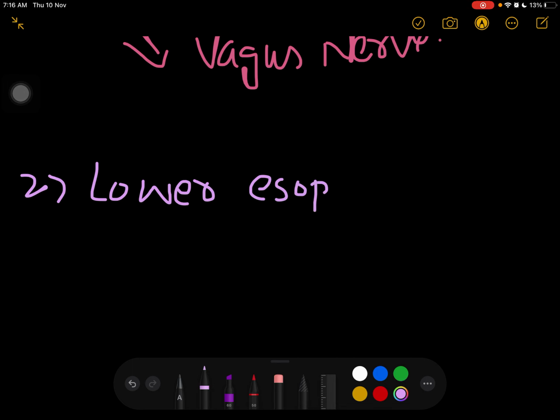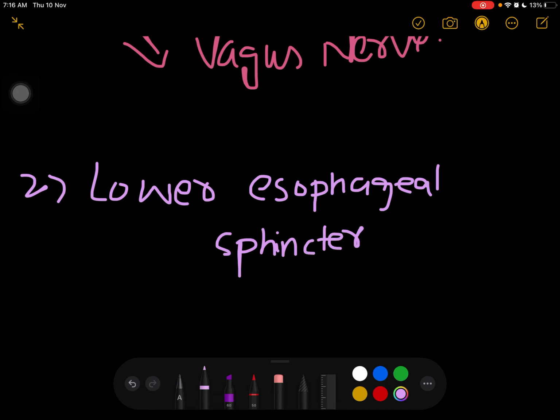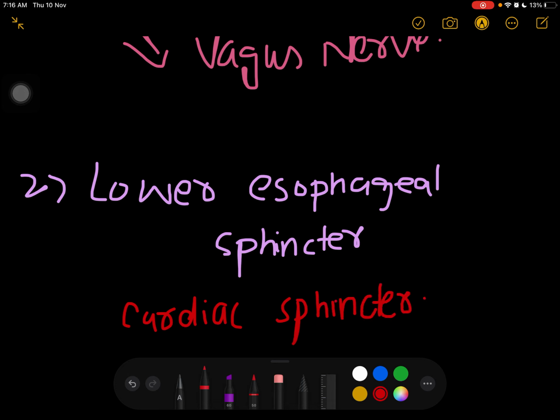Now let's talk about the second sphincter, which is the lower esophageal sphincter, right? Lower esophageal sphincter, or you can say this as cardiac sphincter. Why are we saying this is a cardiac sphincter? Because it is present on the left side, and it is closest to the heart, and something which is closest to the heart, we name that as cardiac, like it's a word for the heart, right?